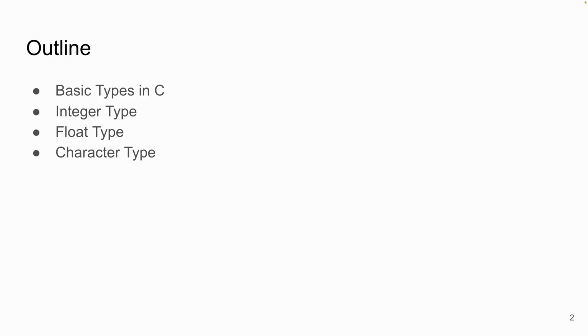This week, we will introduce all the things you need to know about basic types. Today we will introduce more things about integer types and float types, and a new type, the character type, which we will call char. We will talk about that in today's course.